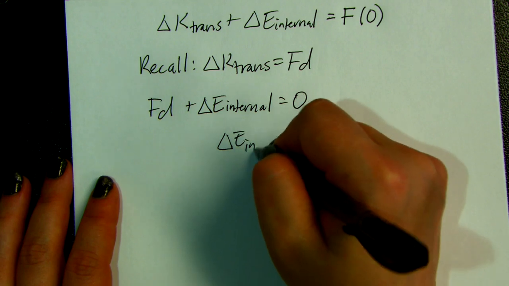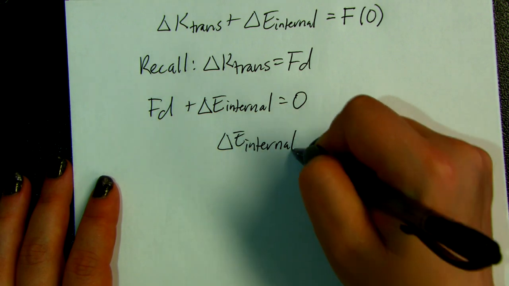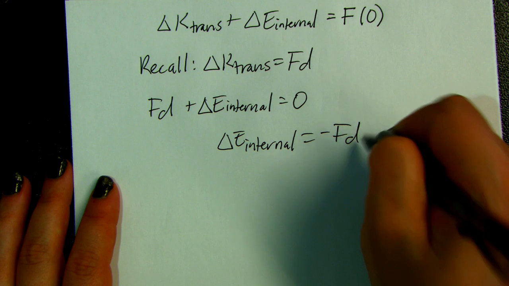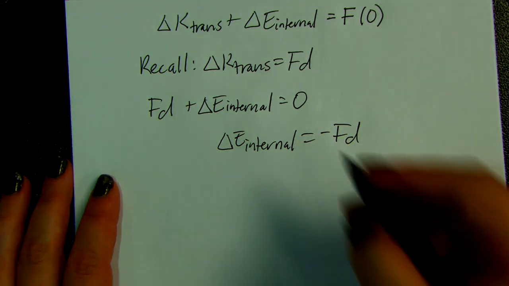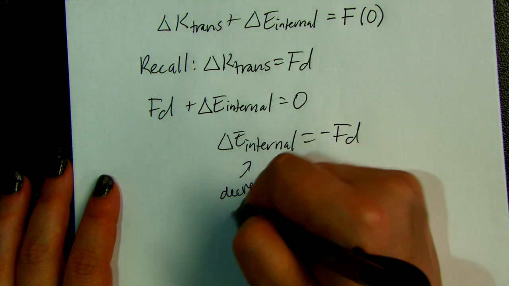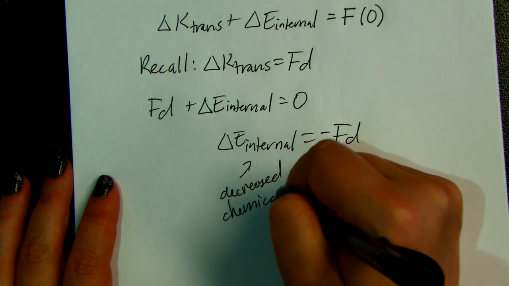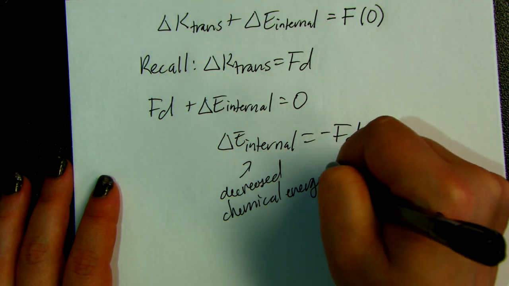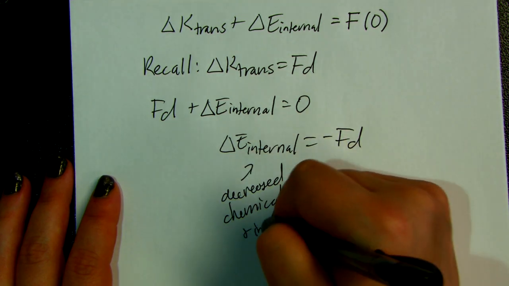Therefore, delta E internal is equal to minus FD. And this is a decrease in chemical energy embedded, as well as some increase in heat.